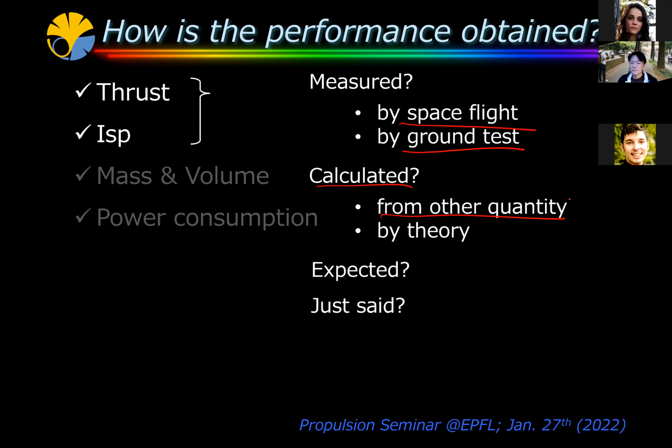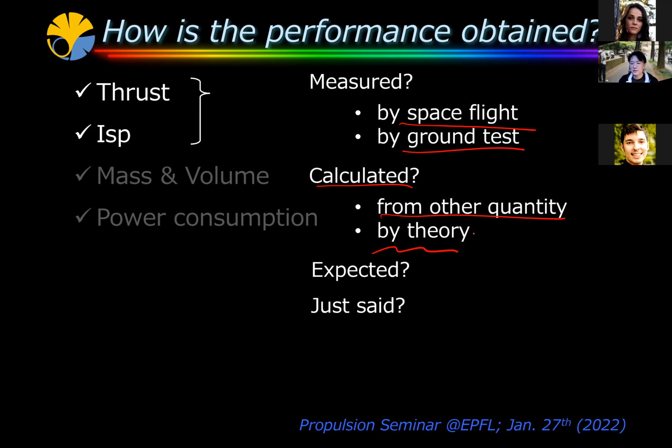But for some propulsion systems, the thrust may be expected only by theoretical values. So in this case, you have to care about its reliability. Usually, only theoretical prediction has very poor accuracy, and maybe plus or minus 50% or 100% uncertainty exists.